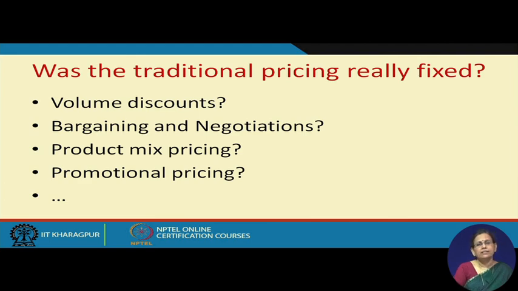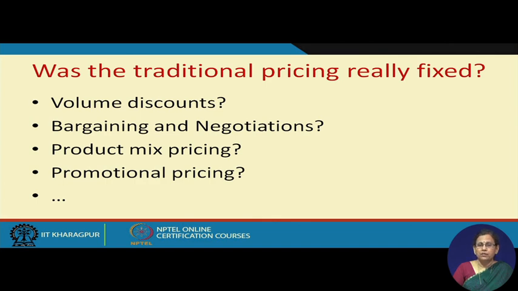However, if you look at these traditional fixed pricing methods, they are also not truly fixed. You provide volume discount after a fixed price MRP, sometimes you go for negotiation. If you buy many products together or multiple units together, sometimes you get an even lower price.